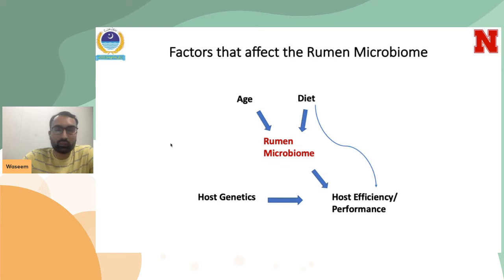But when we were planning this research, we did not have clear evidence of any top-down effect of host genetics on the rumen microbes. Most of my audience would be familiar with the lot of studies in humans where great scientists looked at the effect of host genetics, but at that time we couldn't find anything in the cattle microbiome. So we wanted to see if there are any host genetics effects on the rumen microbiome.